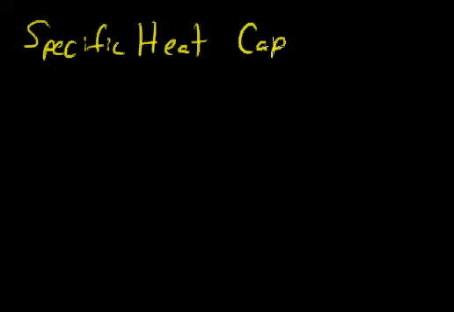Specific heat capacity gets rid of that mass idea. Often specific heat capacity is just referred to as specific heat. And this is the amount of heat that is necessary to raise 1 gram of a substance 1 degree Celsius.